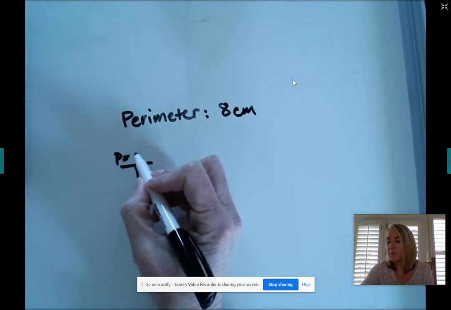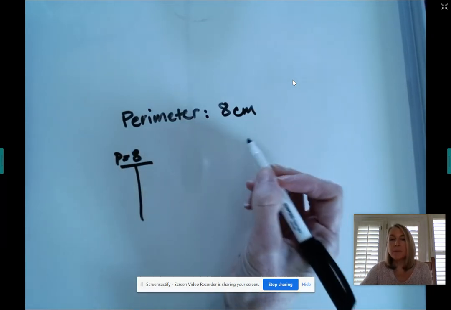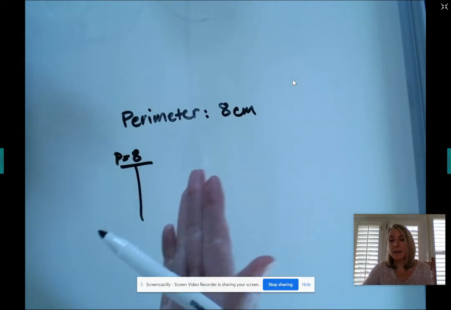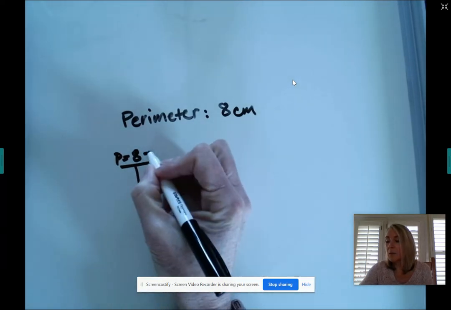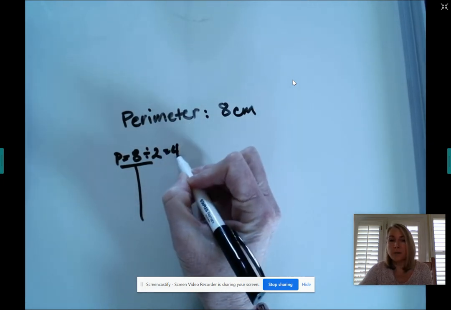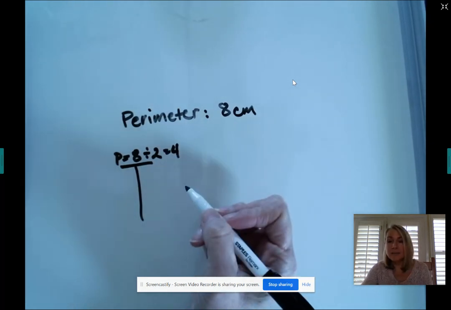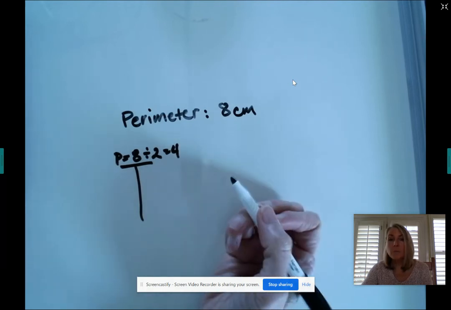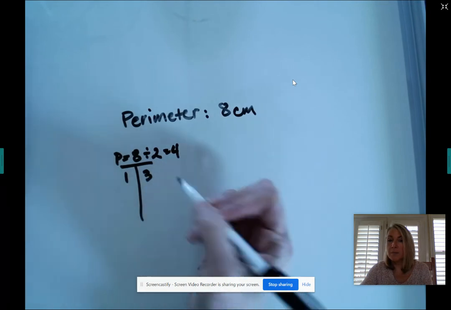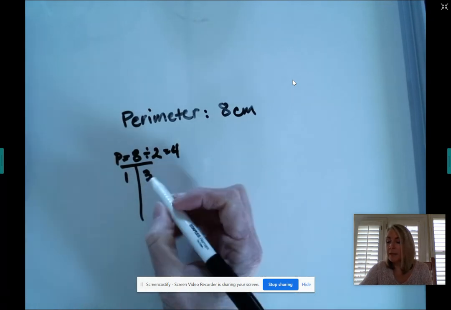So here we have a perimeter of 8. Remember, I only am going to identify one set of length and width. So I'm going to divide by 2, and that equals 4. So now any side lengths that add up to 4 will give me a perimeter of 8. So a 1 plus a 3. Remember, we're adding, we're not multiplying here.